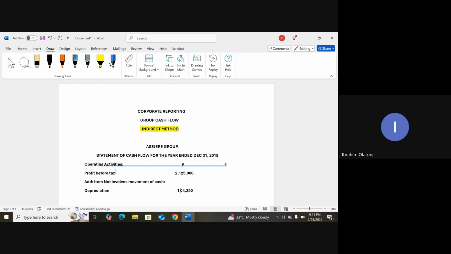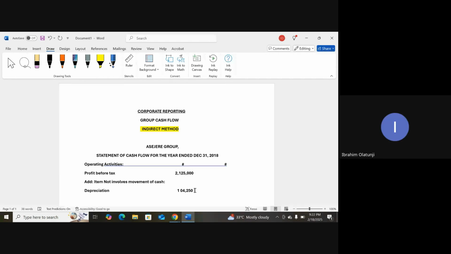Okay. So another thing that we also need to think of is that if there is a profit, then assuming you dispose of your assets and you realize a profit on your disposal. Take note of that.